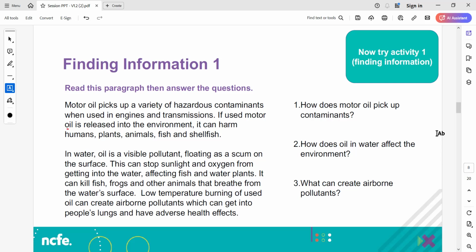Reading for detail. So when we first came onto this slide and I showed you the text, or if you're in the test, when you first see the text that you need to read, that's your time to read for detail. But now you've read the question, how does motor oil pick up contaminants? Which skill are you going to use now?